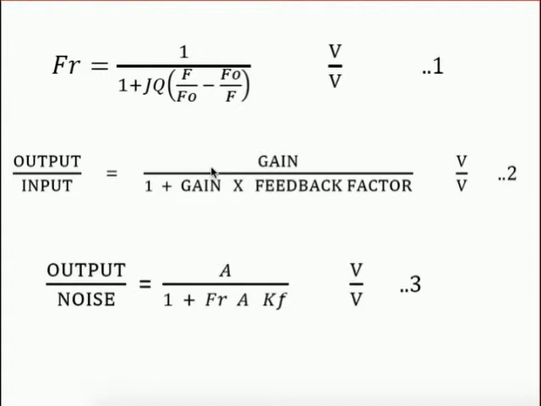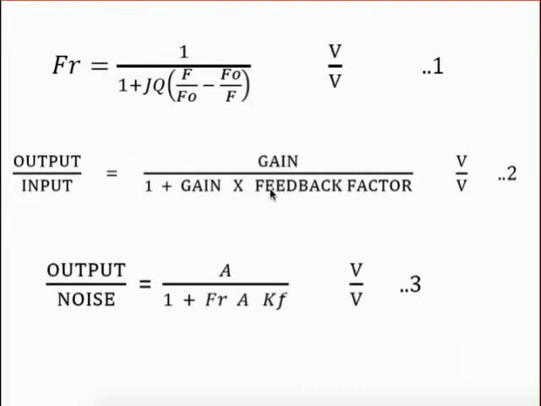So first of all, here at the top we have the function of the resonator. It's a fairly normal way of representing a resonator. At center frequency, this imaginary component on the bottom is 0 and the ratio is 1, and then as we go away from center frequency this imaginary component increases, and so the transfer function goes down. Here we have the transfer function of a feedback system, usual sort of thing.